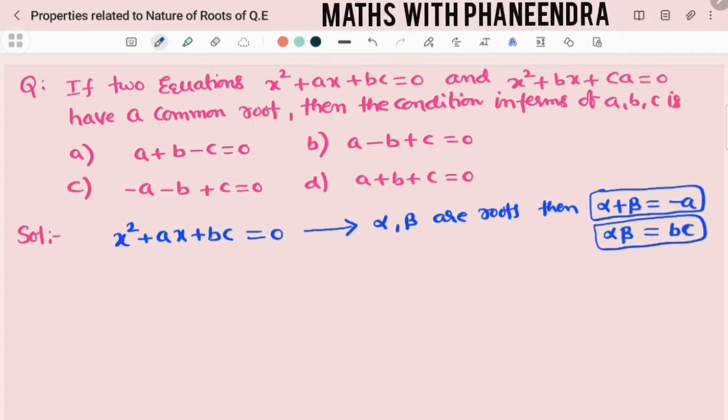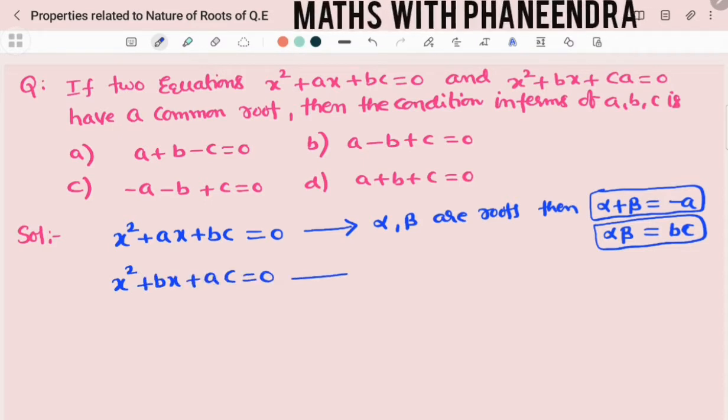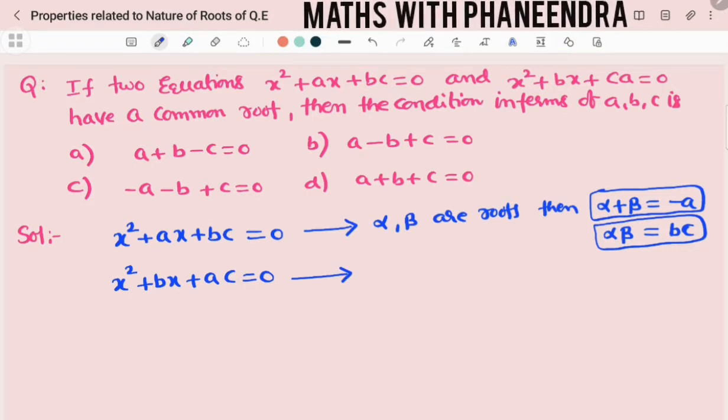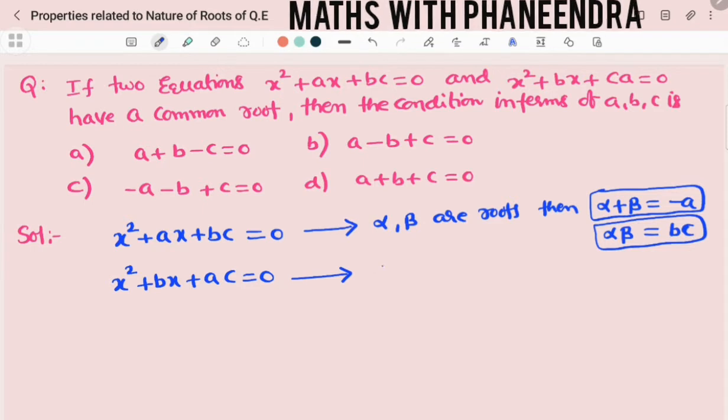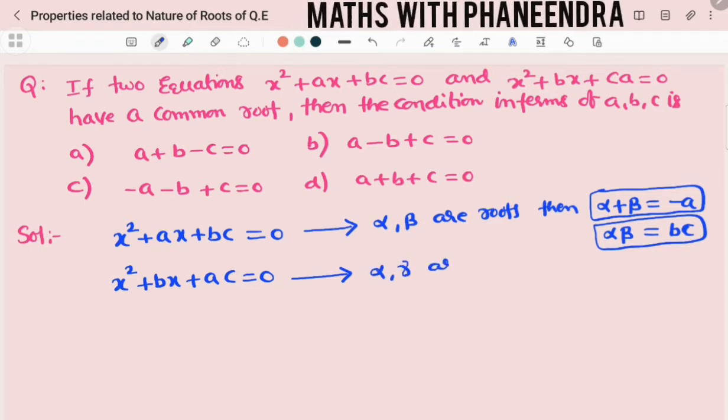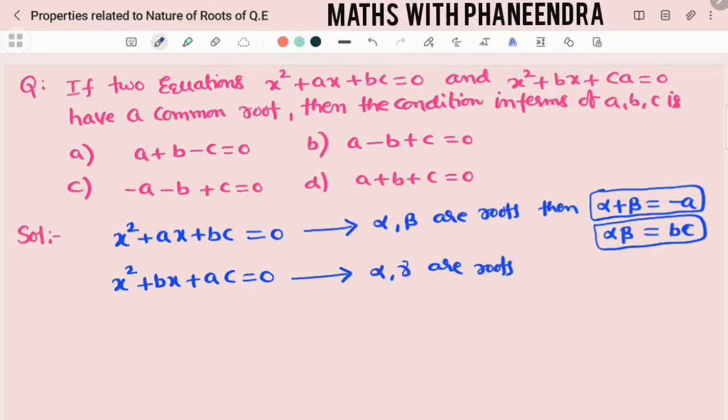And what is the second quadratic equation? X square plus bx plus ac is equal to 0. They mentioned a common root here. So whenever there is a common root, taking any one of alpha, beta, here also alpha and gamma are roots of this equation.